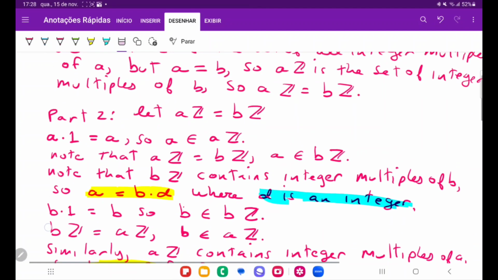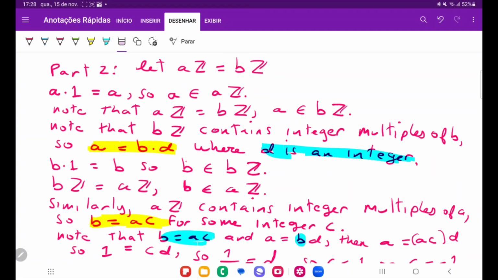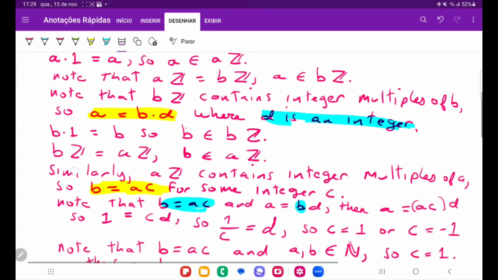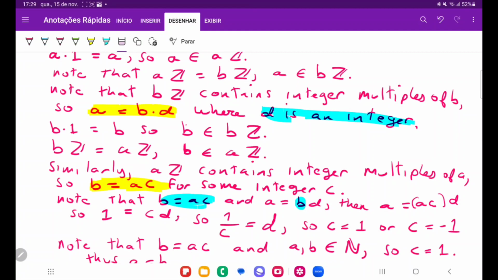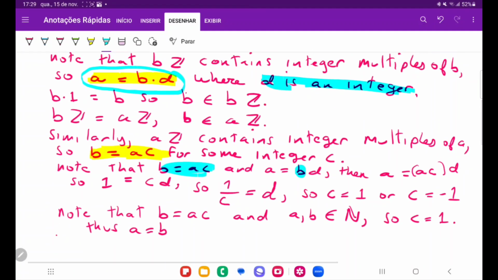So just to recap what we did in part 2, we said that A times 1 is equal to A, so A must be in the set AZ, but AZ is equal to BZ, so A must be in the set BZ. So it's an integer multiple of B, so A is equal to BD. We did the same thing for B: B times 1 is equal to B, so that's in the set BZ, and BZ is equal to AZ, so that's in the set AZ.